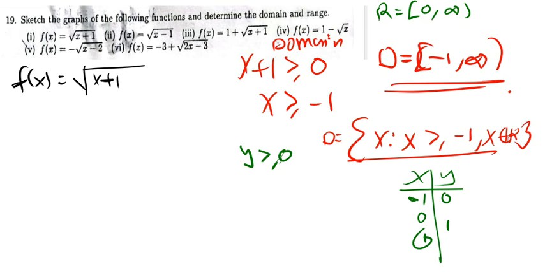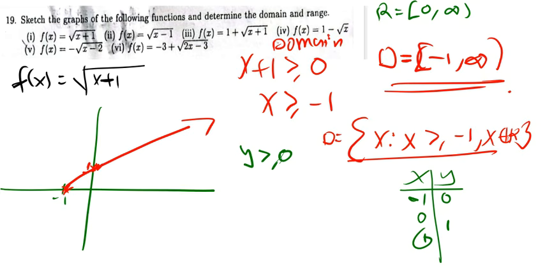So sketching, I'm not going to have challenges because when x is -1, y is 0, so we start from there. When x is 0, y is 1, here. So the graph starts from there and goes in that direction. That's my graph.